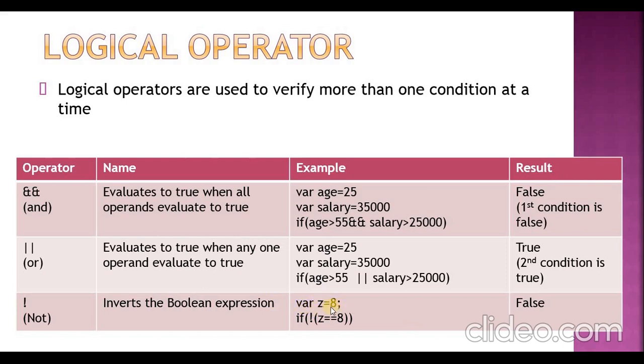Z is a variable having value 8. If not z equal 8. Observe over here, z equal 8 will return true. When we use not, the true is converted to false and thus the final result is false. So this is how the logical operators work. We are going to learn logical operators with the help of examples later.